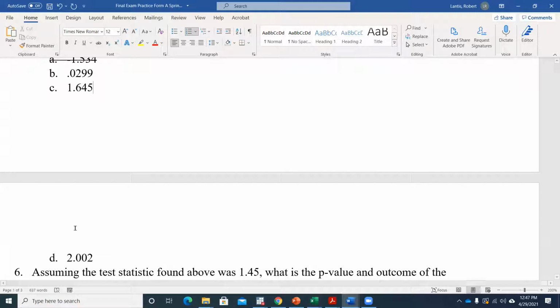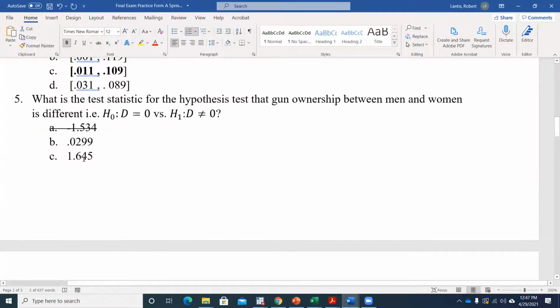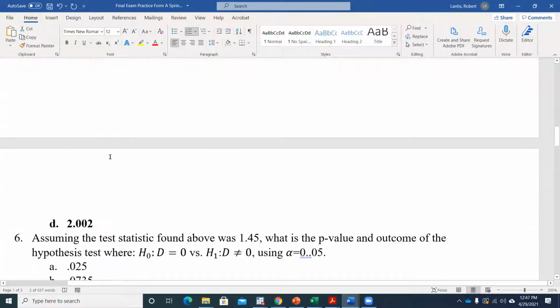Sure enough, if we enter those values into our test statistic equation, we should get 2.002. But like I said, the other one is theoretically possible, but seems pretty unlikely. I found a difference of 0.06, which seems like it's going to be more than 0.03 standard deviations away from the assumed true value.